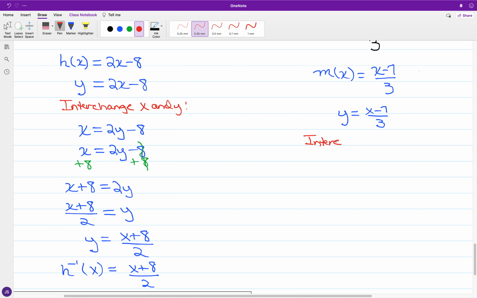And if I interchange x and y, you have that x is equal to y minus 7 all over 3.